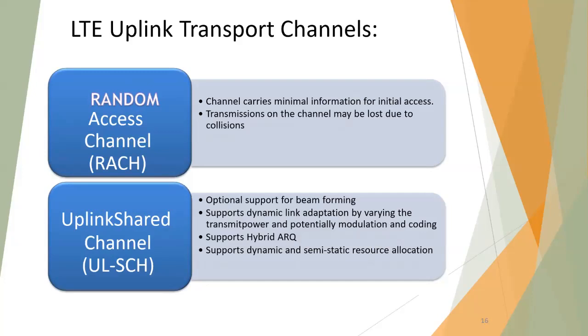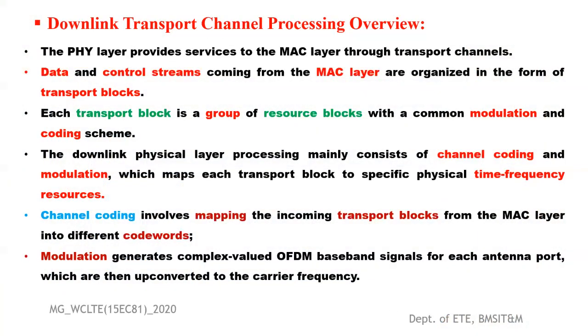So now let us come to what the downlink transport channel processing is. These transport channels are used by the physical layer to provide a service to the MAC layer.